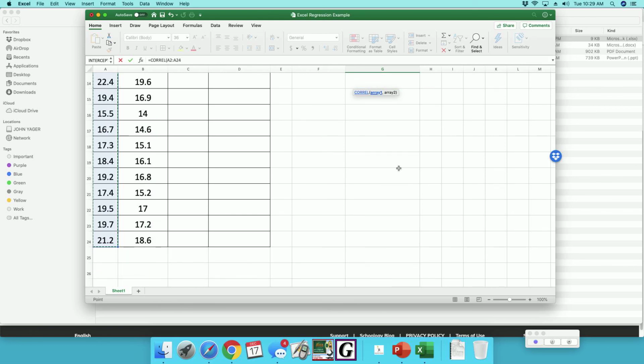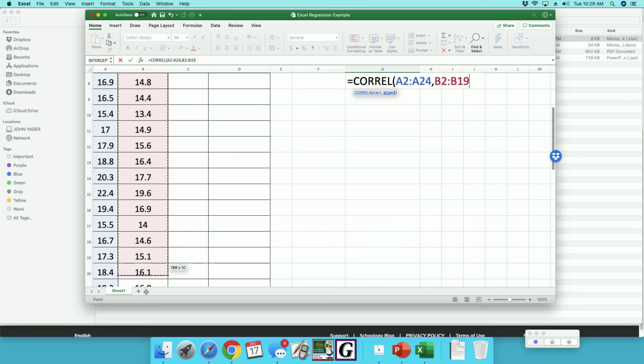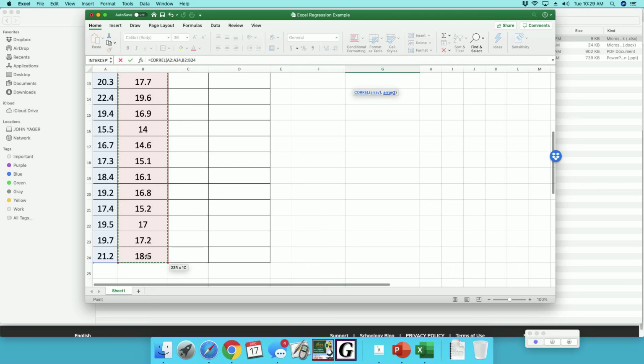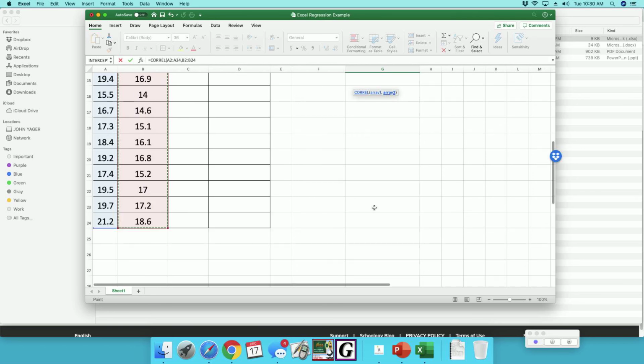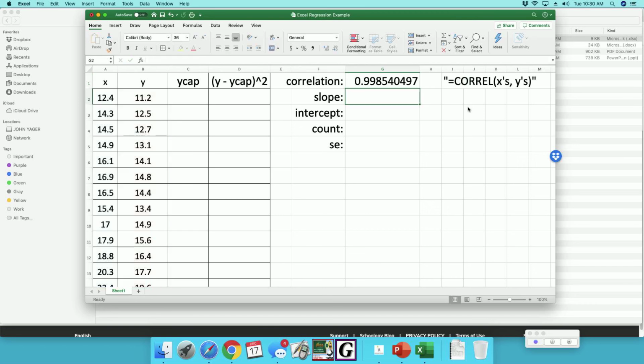And then you put in a comma, and then you highlight all the y's. Make sure you highlight them in the same direction, starting from top down. Then you close it off with the parenthesis, and you press enter.